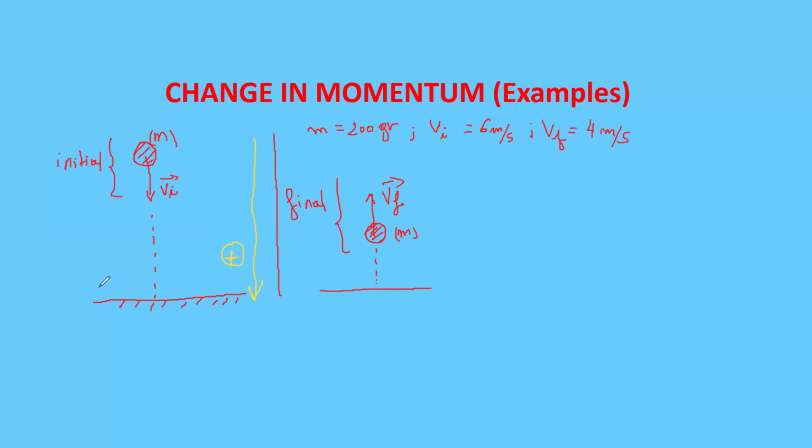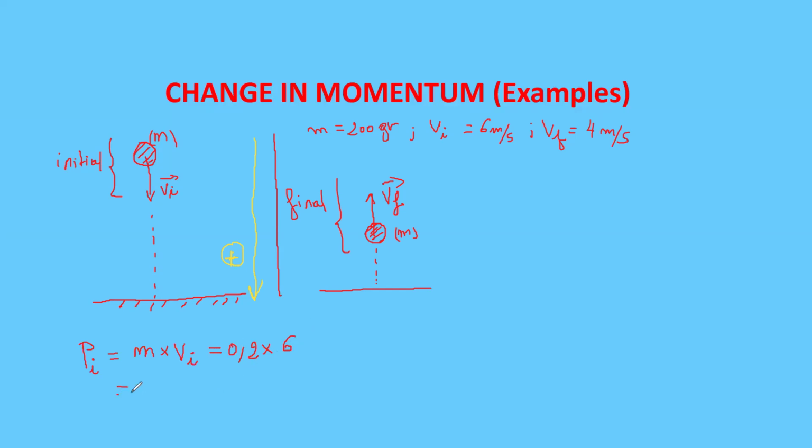I will start with the initial momentum, pi, which is equal to m times vi. I have the mass in grams, so I have to convert it to kilograms: 0.2 multiplied by 6.